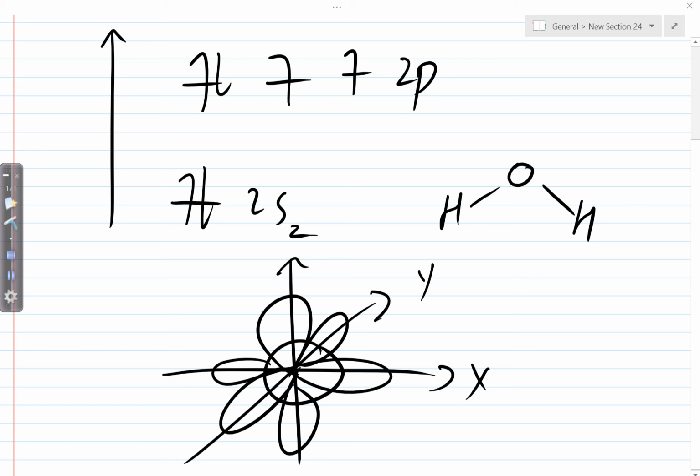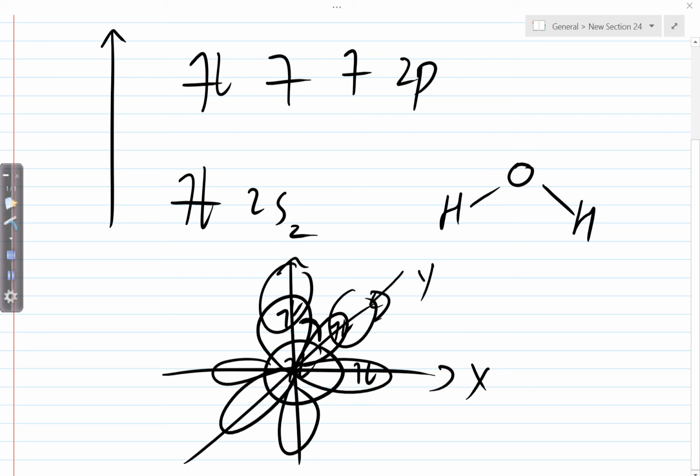So in theory, I will have one lone pair in the x, one in y, and one in z, and of course 2 in the s. So in theory, hydrogen should come in from here to form a bond, and other hydrogen should come in from here to form the bond. So now, based on this model alone, what will be the bond angle?